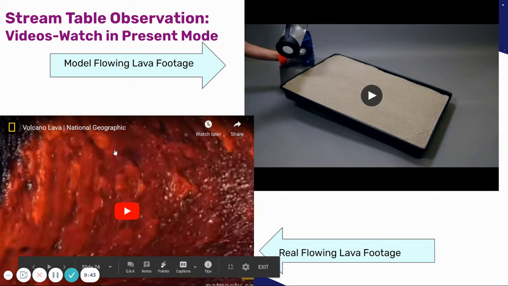Now we're going to watch the flowing lava in real life from this National Geographic video.